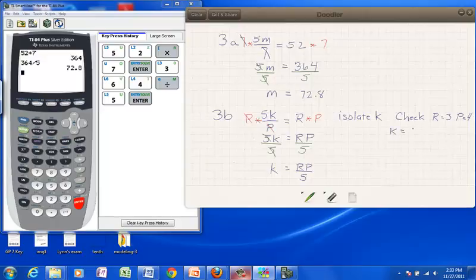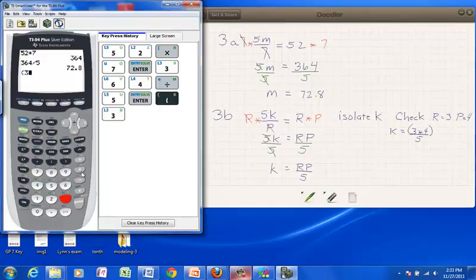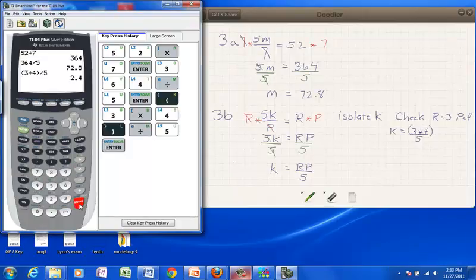So r times p divided by 5. And I will group the numerator when I do that on the calculator. So k is equal to 2.4.